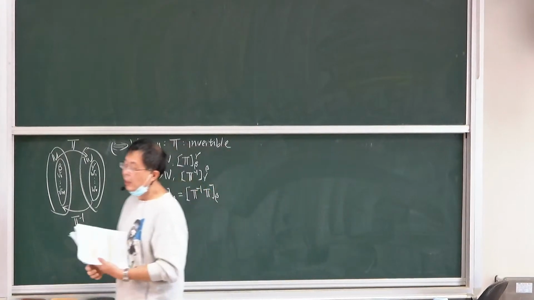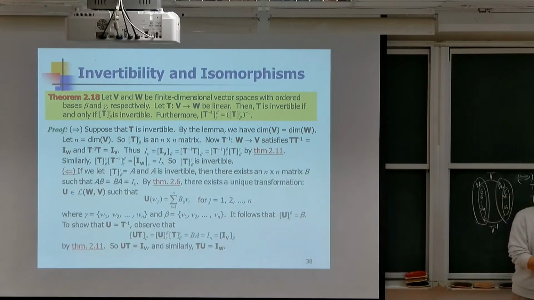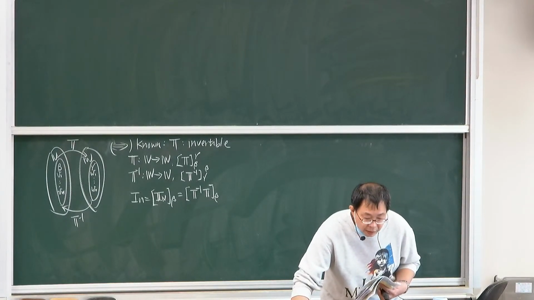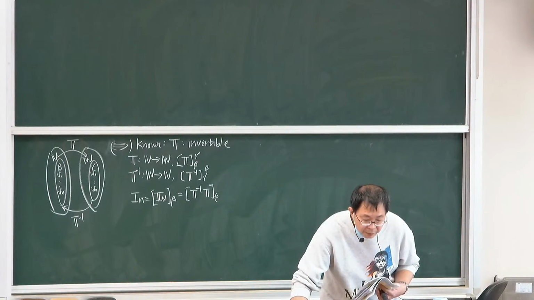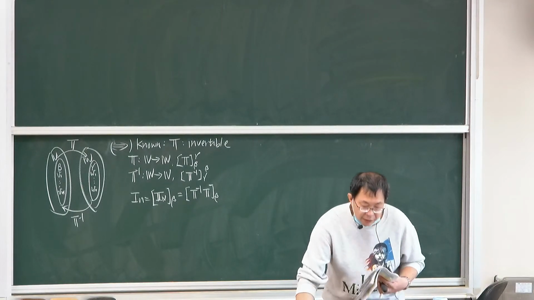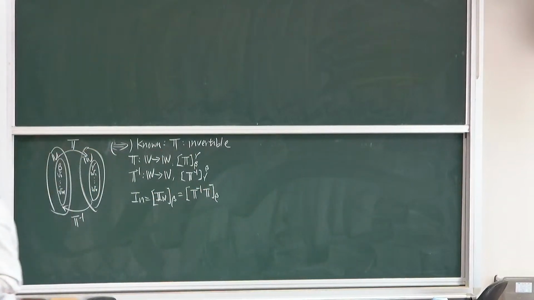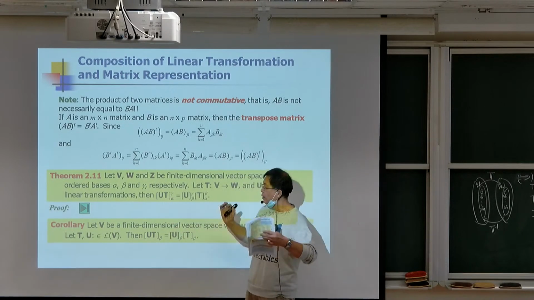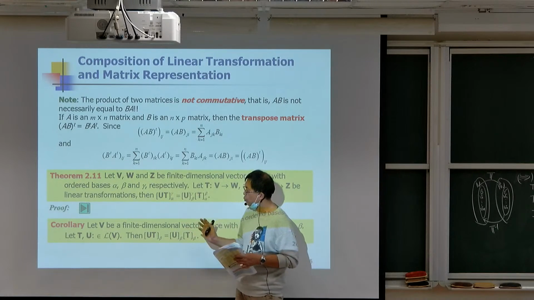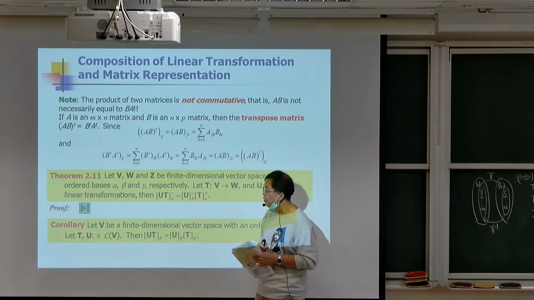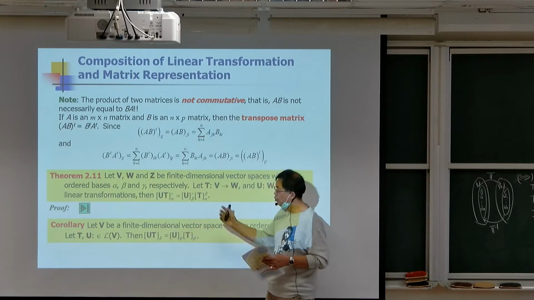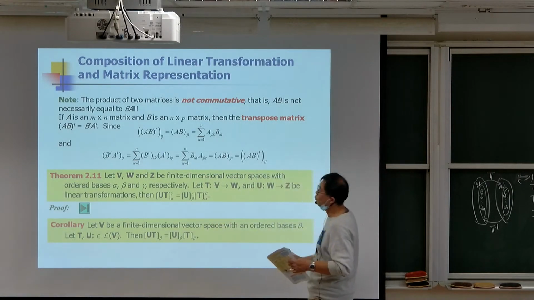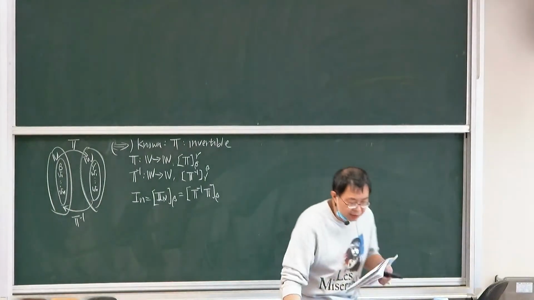And then we have to apply theorem 2.11. What does theorem 2.11 say? It says that if I have a composition of linear transformations and we use a matrix to represent this composition, then this matrix equals the matrix representation of U times the matrix representation of T. In theorem 2.11, we have already proved this.